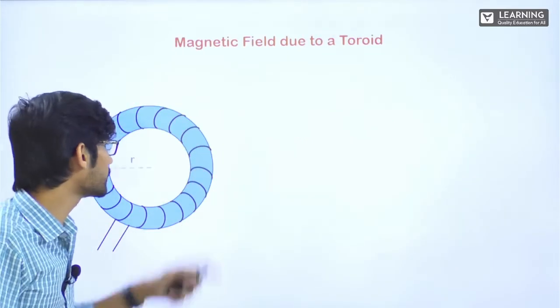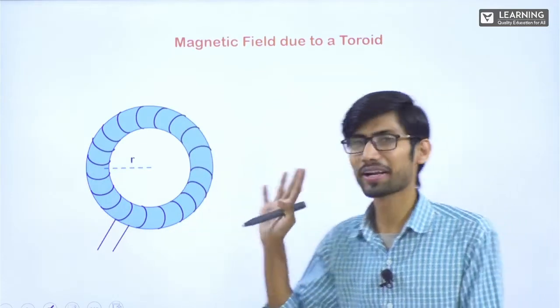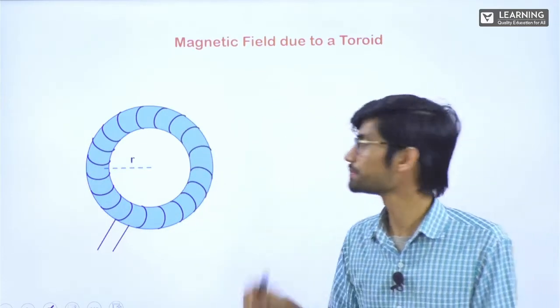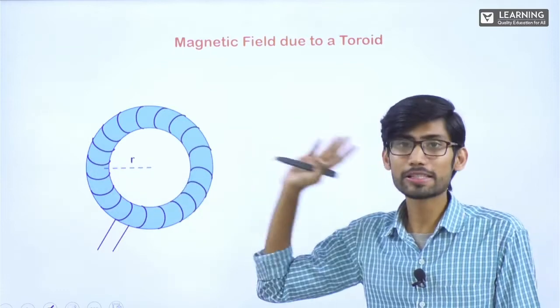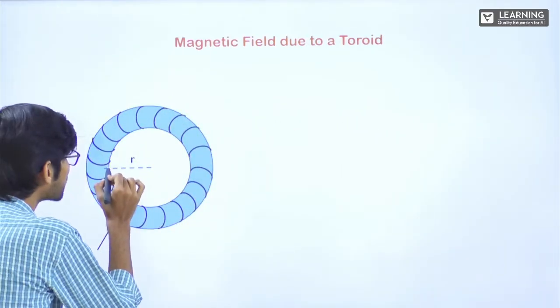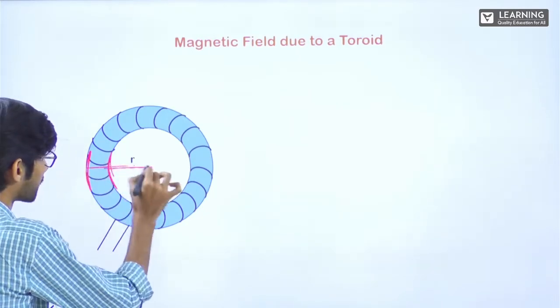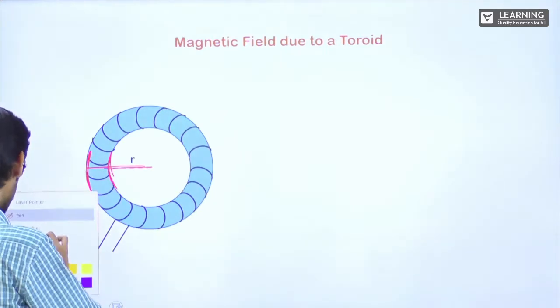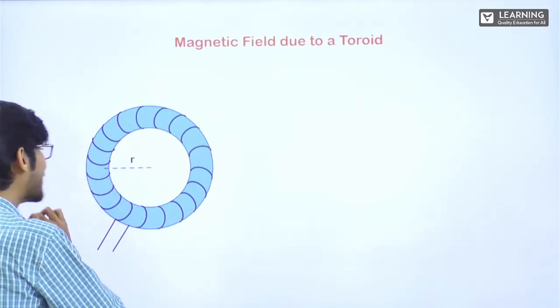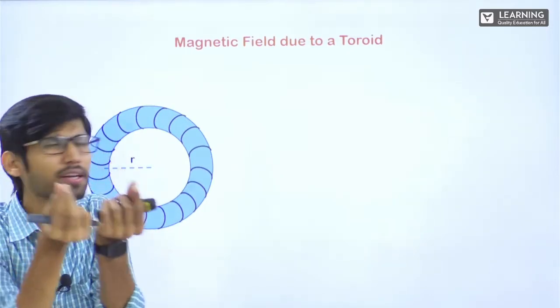Let's say there is a point. Now this radius also we have to consider, because inside magnetic field will come. Basically there is a small confusion for people, whether we take the radius till the inner circle or we take the radius till here. In case of an ideal toroid, it will be very thin.